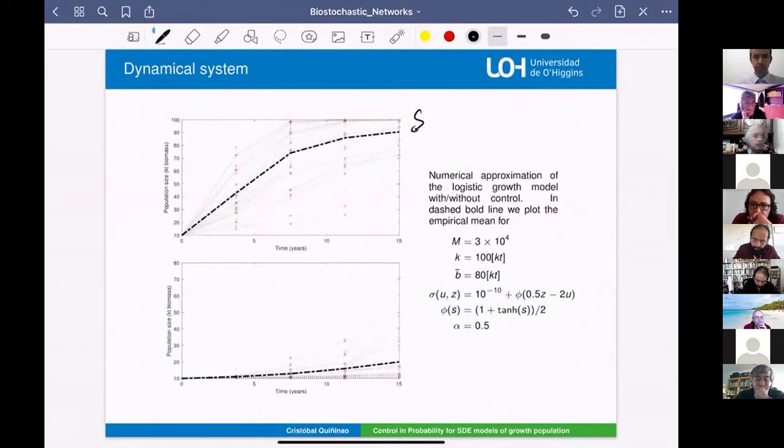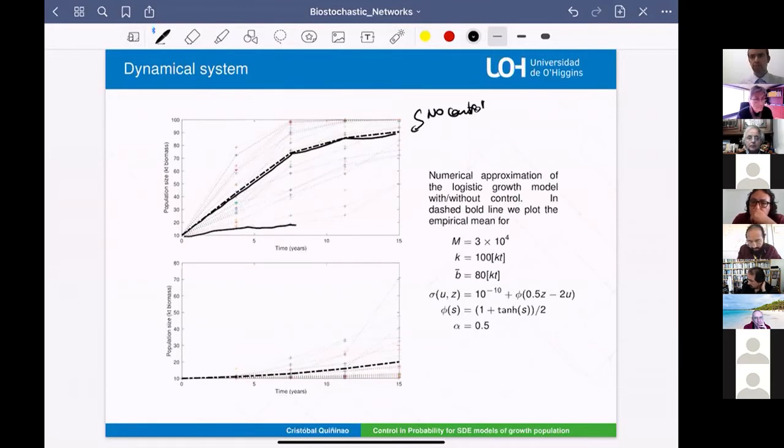Here you have no control. And the good thing is that this is the empirical mean over, I think it was 30,000 simulations. And you see that even in that situation, some of the results of the probability and the environment are bad for the plague, for the parasite, and some others are very good.